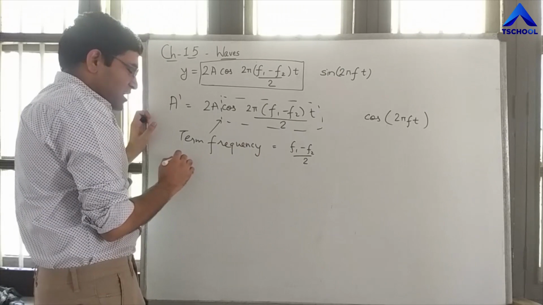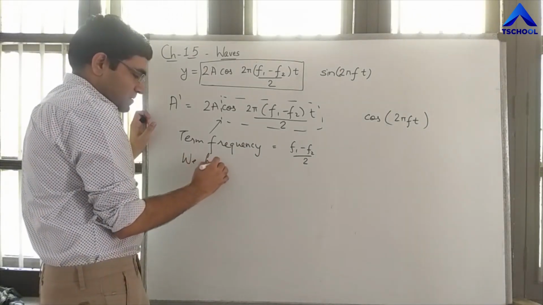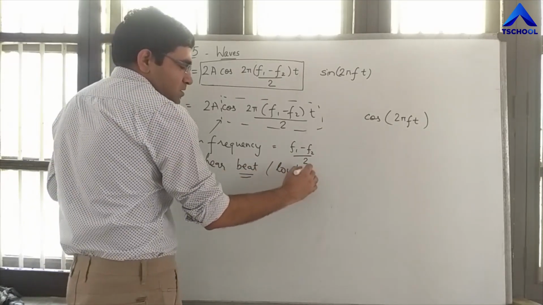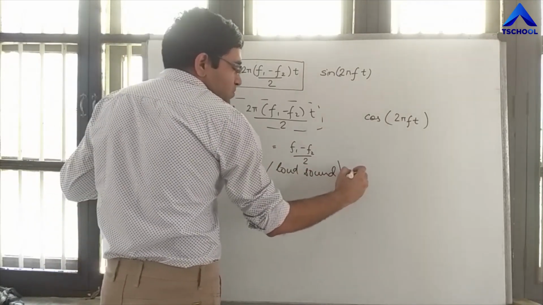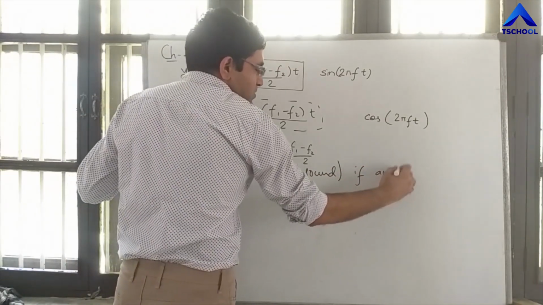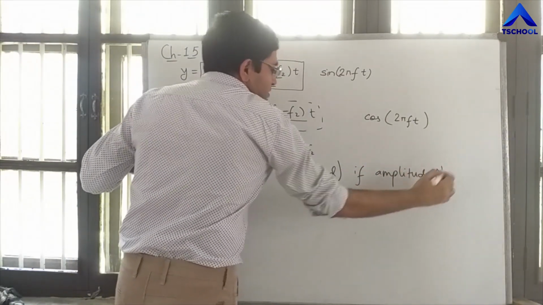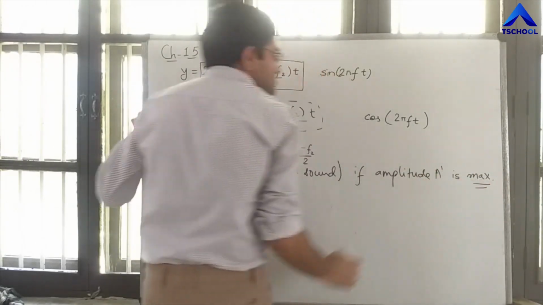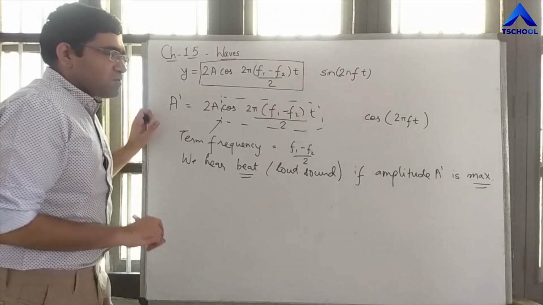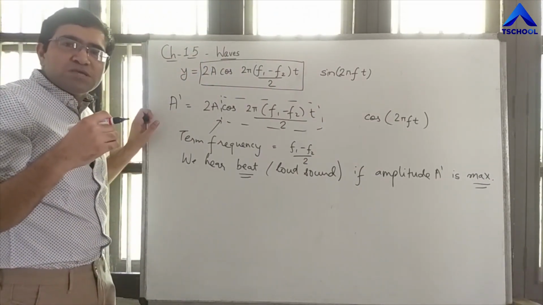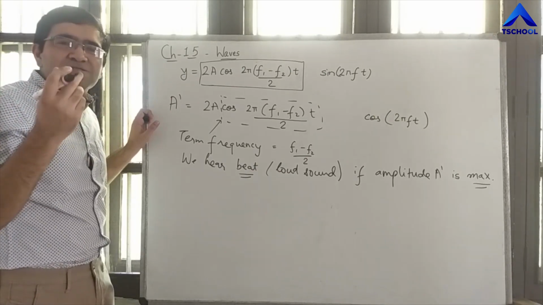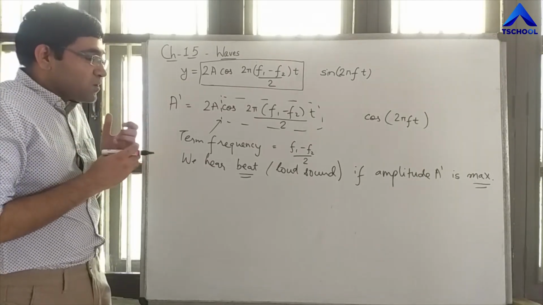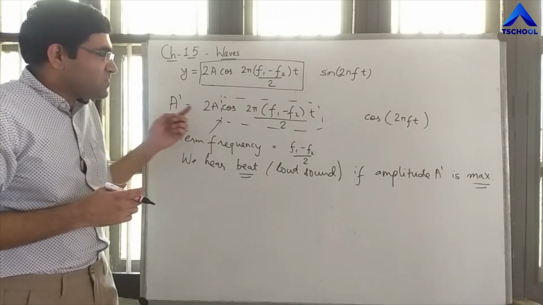So we'll hear a beat, or a loud sound, only when the amplitude A dash is maximum. A low amplitude sound means its intensity is less and we can't hear it easily. A higher amplitude means we can hear it easily. So we are going to hear a loud sound if the value of A dash is maximum.